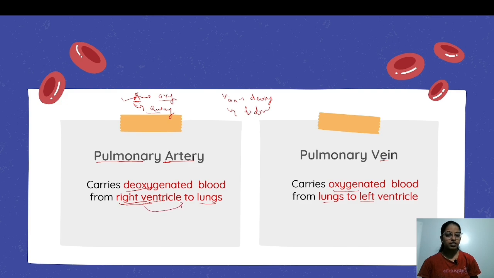That means it carries blood away from the heart. And the pulmonary vein carries oxygenated blood from the lungs to the left ventricle, correct? That means it carries blood from body parts towards the heart.